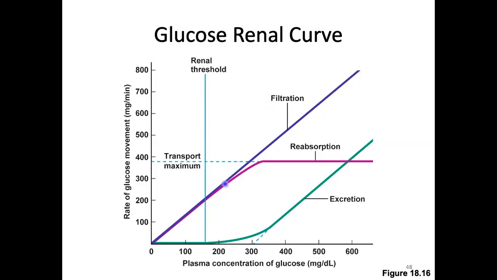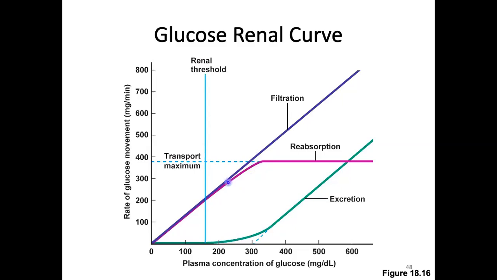But once I have too much glucose in the bloodstream, that's going to get filtered out, but then those carrier proteins are going to start to get saturated. And so you're seeing a slow decrease in reabsorption. And if you're not reabsorbing it, what are you doing with that glucose? You're kicking it out, excreting it, right?